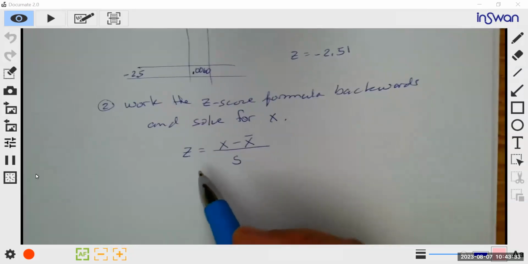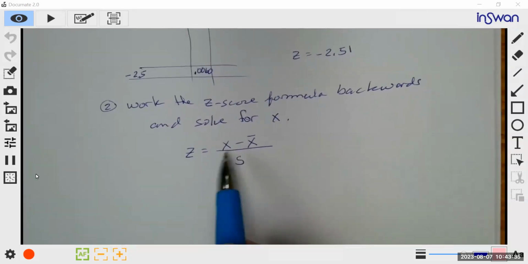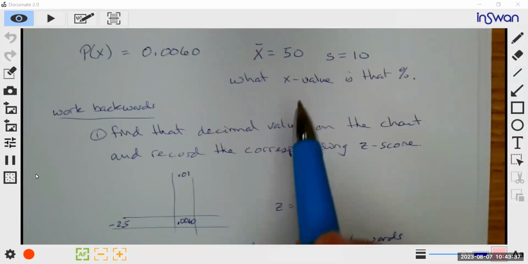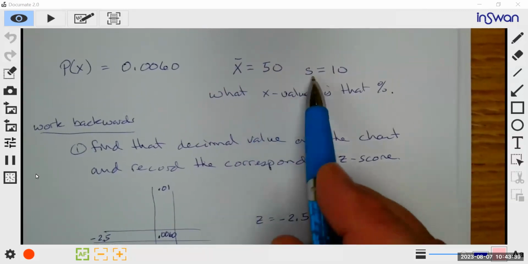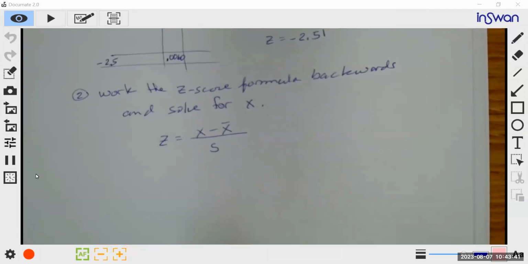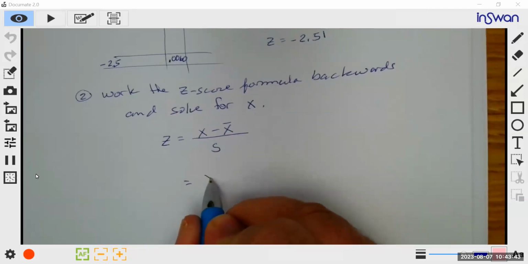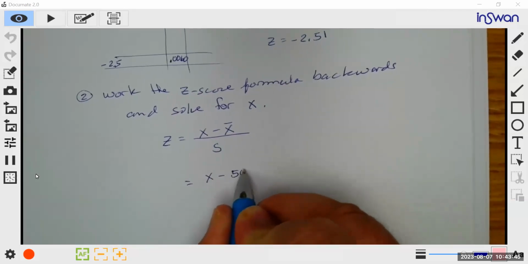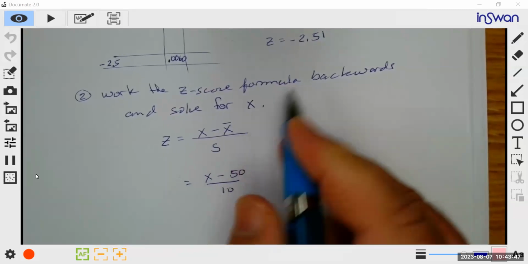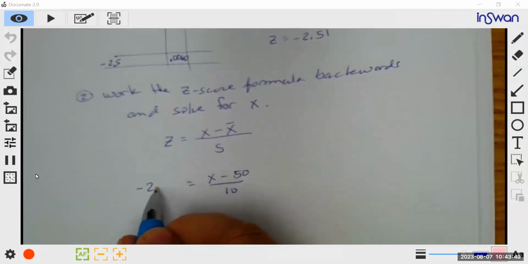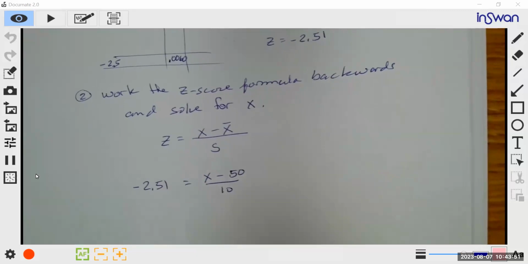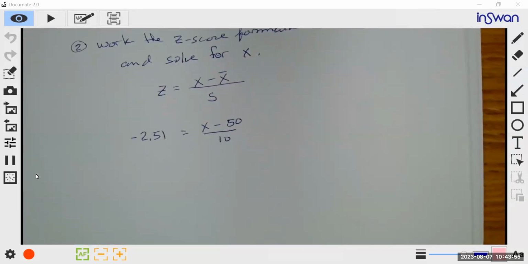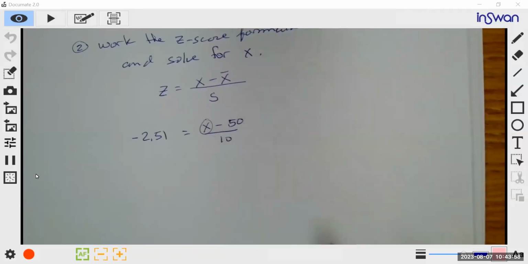Well, we'll get there. So we have the formula here. Plug in what we know. We know x bar is 50, s is 10, and our z value is negative 2.51. Now we have to solve for x.